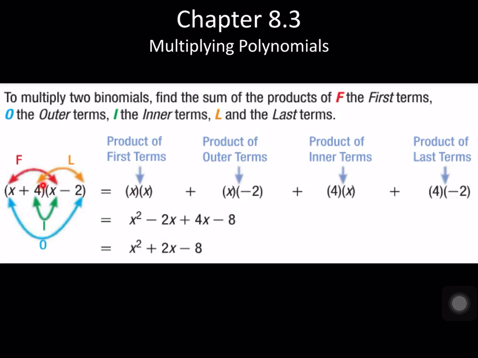And your last, 4 times negative 2 is negative 8. Again, if there are terms that can go together, we'll put them together. In this case, the negative 2x and the positive 4x can go together, and we have a positive 2x in the middle. So that's the FOIL method: first, outer, inner, last. Even with this method, you'll end up doing it a little quicker and showing a few less steps than even this.